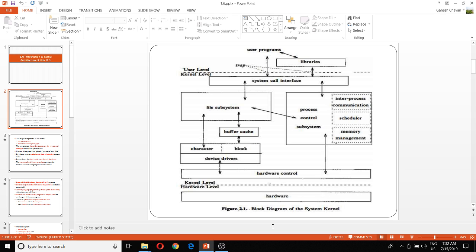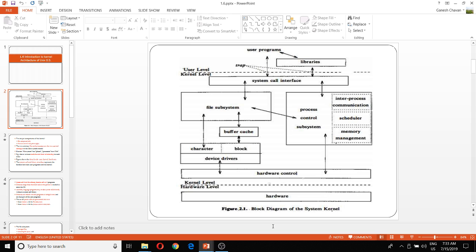The hardware control is a unit which works in association with the hardware down there in the hardware level. This hardware control avails its services to the process control subsystem as well as the file subsystem.